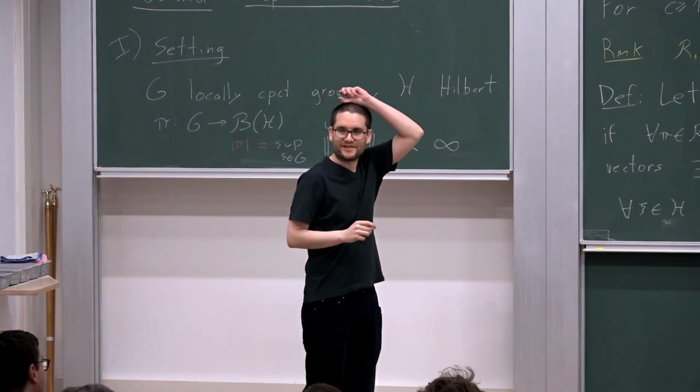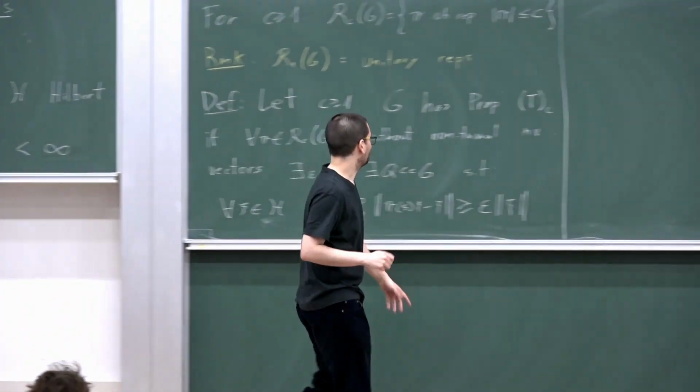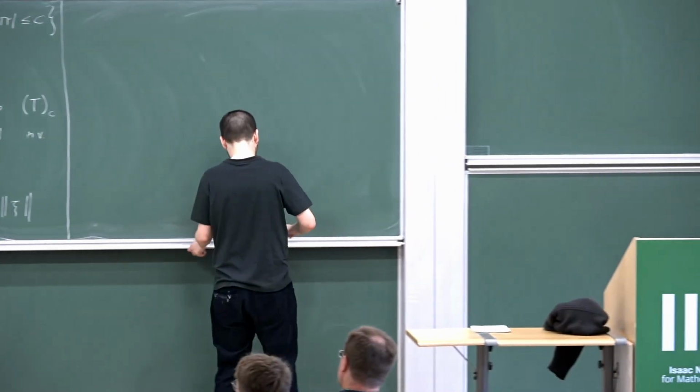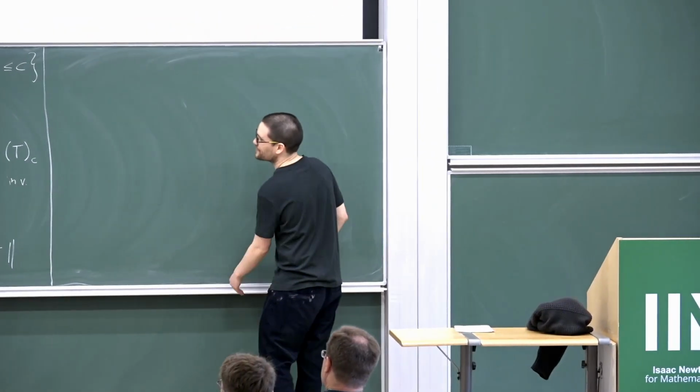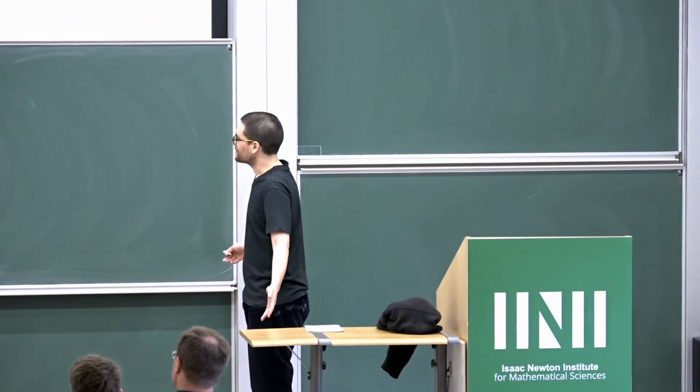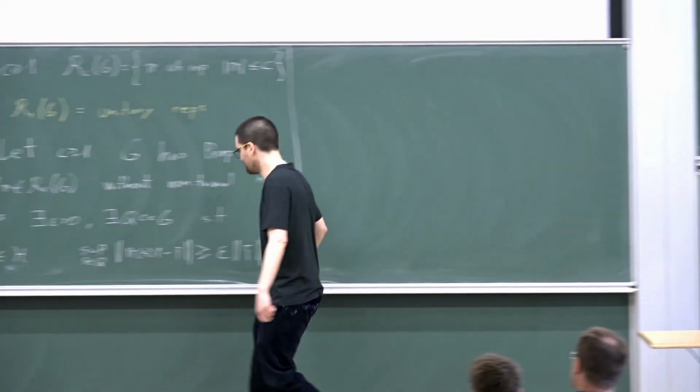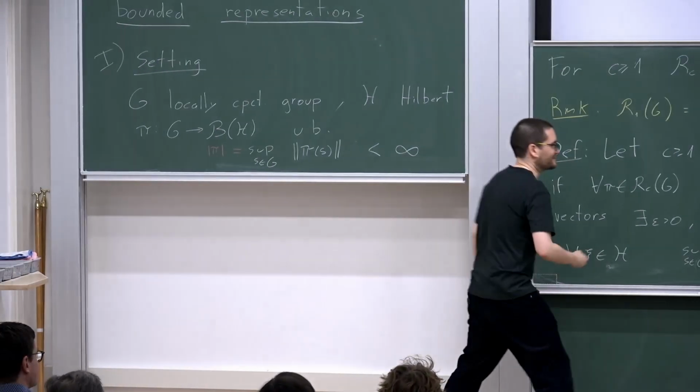So this is my definition, property T_C. It's just extending the known notion. And of course, property T_1 is property T.